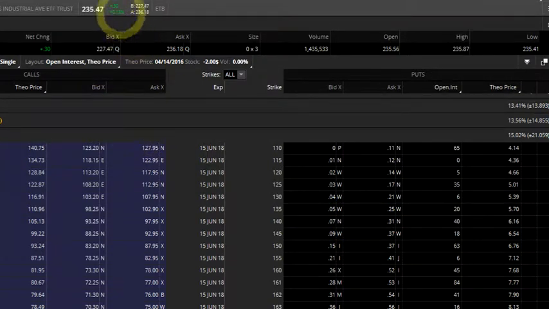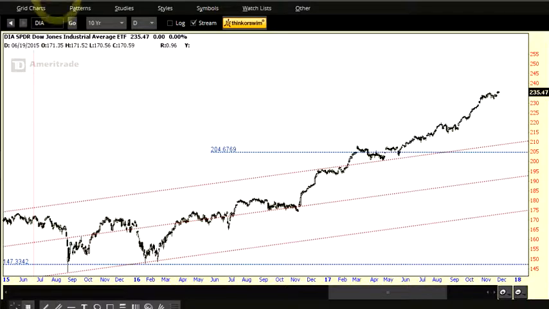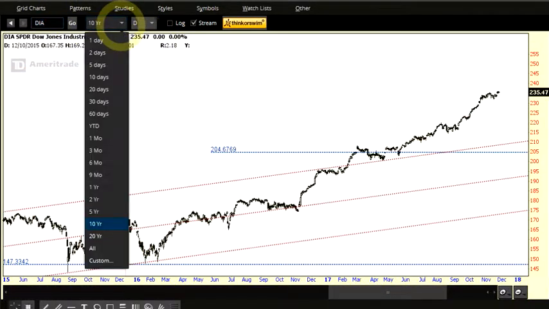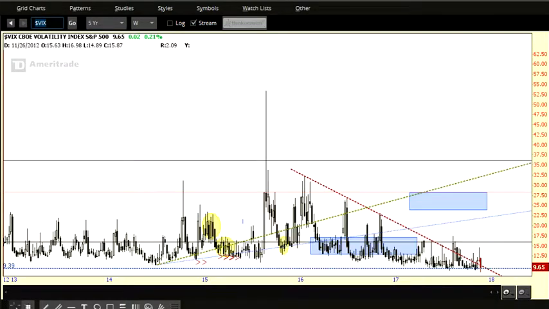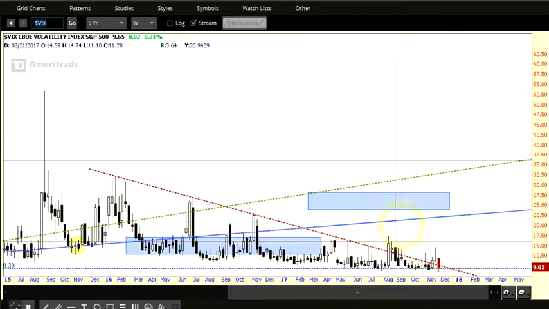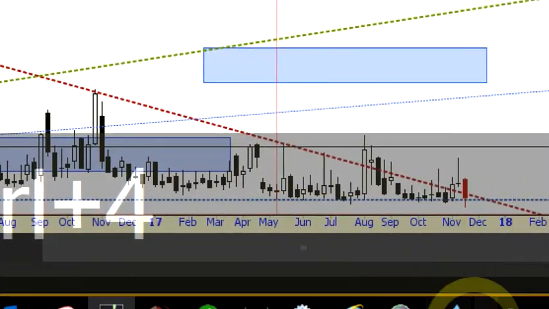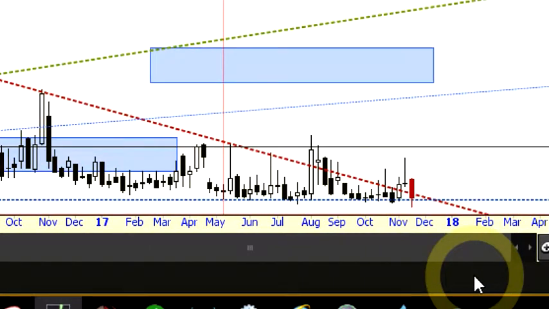All right. So let's go look at some more charts. Kind of got into a little bit of a divergence there. Let me go to a 5-year chart. We don't need to look at a 10. And since we talked about volatility, let's see what volatility is. Now, this volatility that we're talking about is the S&P 500 volatility index. And you can see here that we are way, way low on the volatility scale.